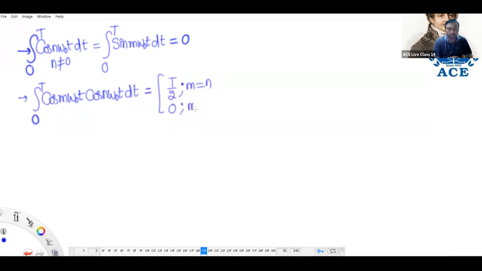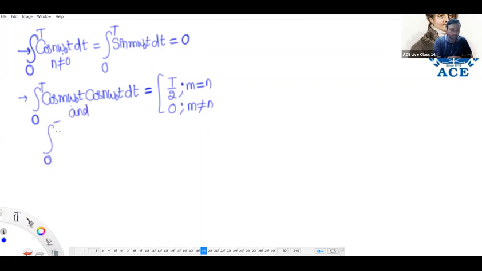Unequal values give 0. Because if m is n, it is cos square theta. What is the expansion of cos square theta? 1 plus cos 2 theta by 2. The integral of cos 2 theta becomes 0, and the integral of 1 by 2 is T by 2, sir.